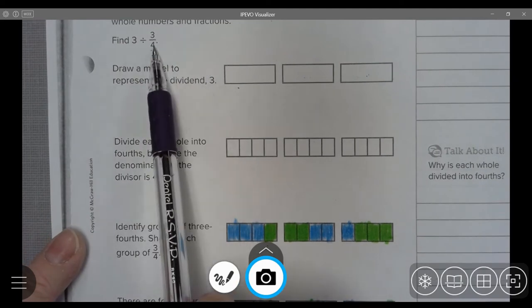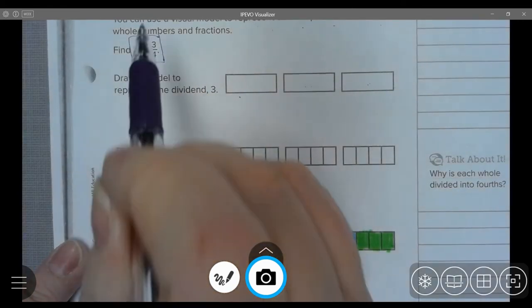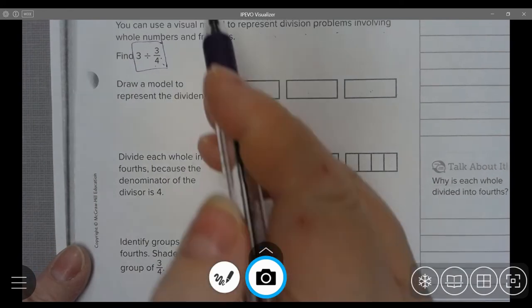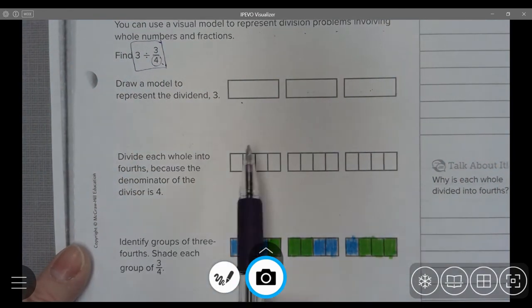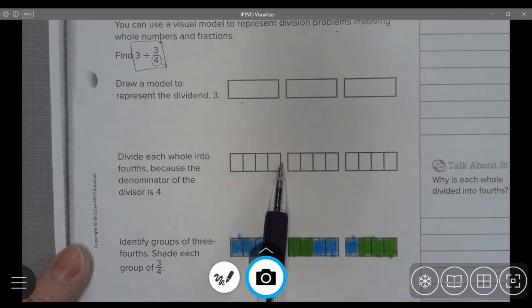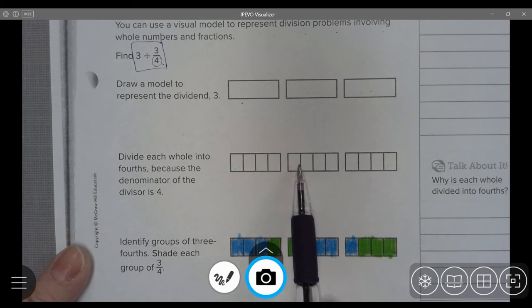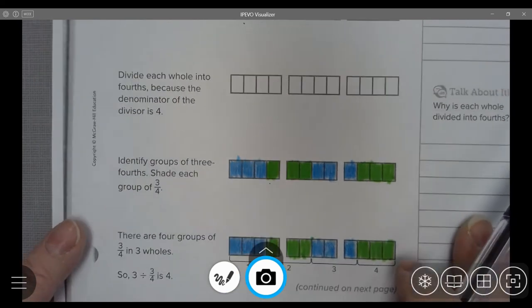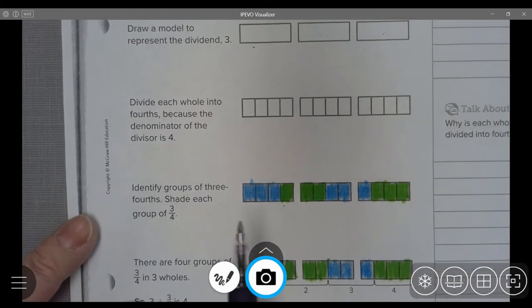So if I'm taking a look back at our original problem, up here, 3 divided by 3/4, we're dividing the bar into what number we would have as the denominator. So I will take the 3 bars and divide them into 4 sections, 1, 2, 3, 4, 1, 2, 3, 4, 1, 2, 3, 4. Then here's where we're going to start showing the dividing up.